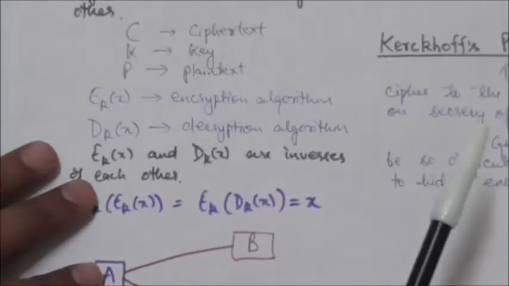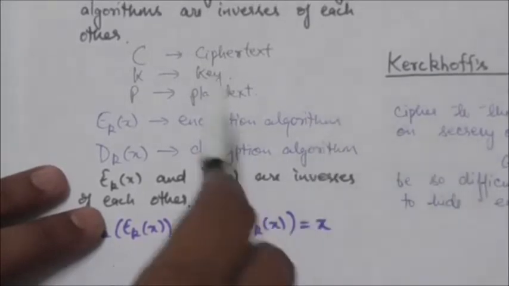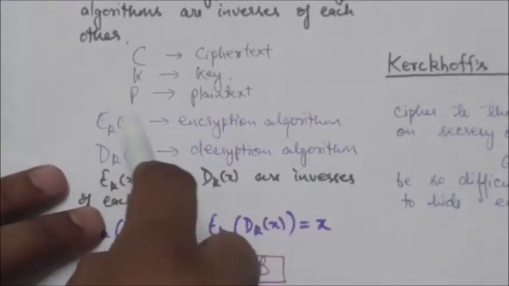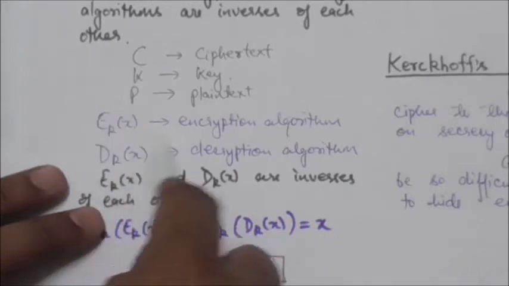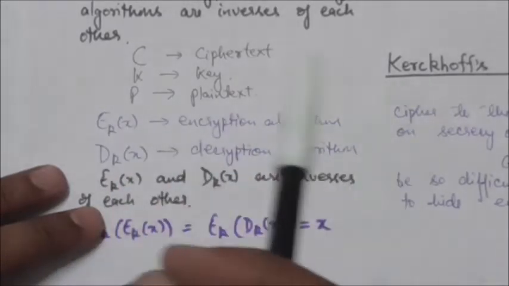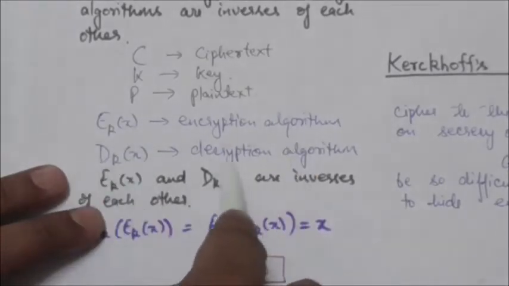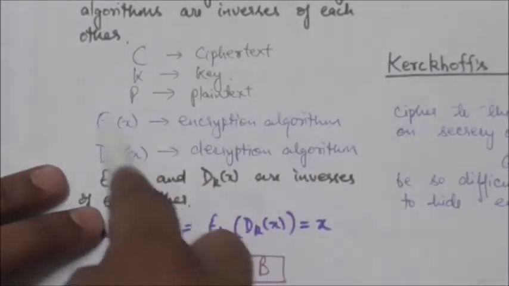Then the encryption algorithm E_K(x) creates the ciphertext from the plain text, and the decryption algorithm D_K(x) creates the plain text from the ciphertext.